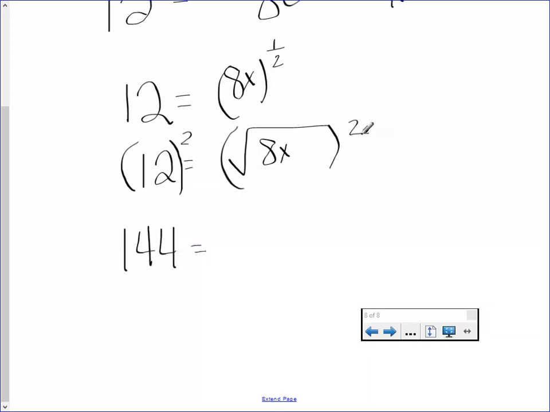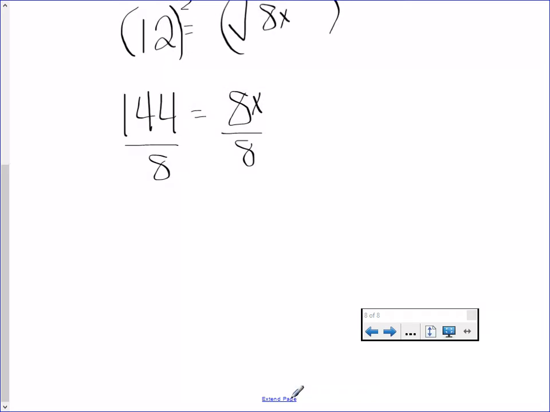Okay, and then the purpose of taking this side and squaring it is now the square root goes away, so we're just left with 8x. So to solve this, all I have to do is divide by 8. So if you have a calculator, take 144 divided by 8. That's what x equals. So blanket C is 18 yards squared.